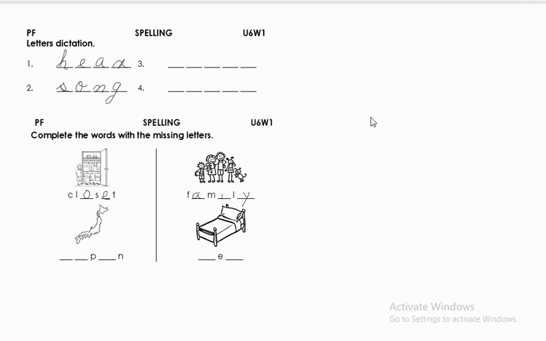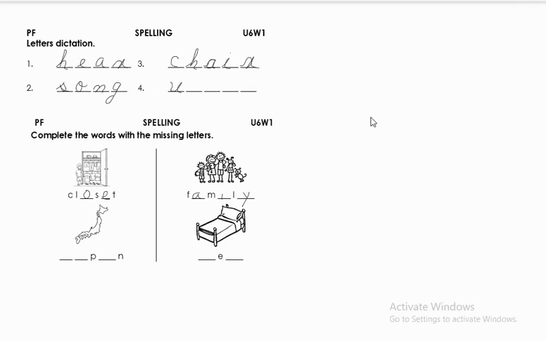In the third case, I said C, H, A, I, R, okay, and we have chair. And in the last case, we said no, sorry, the word is under, okay?